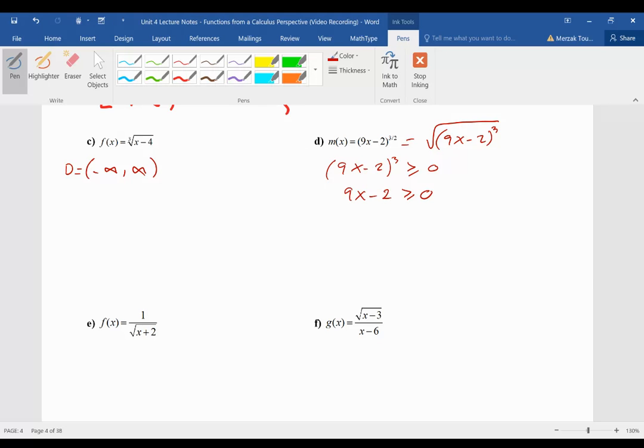On the right side, it would be simply 0. That's another way of looking at it. So (9x minus 2) cubed greater than or equal to 0. You take the cube root, and it will be 9x minus 2 on this side and 0 on that side. Now you add the 2 on both sides and you divide by 9.